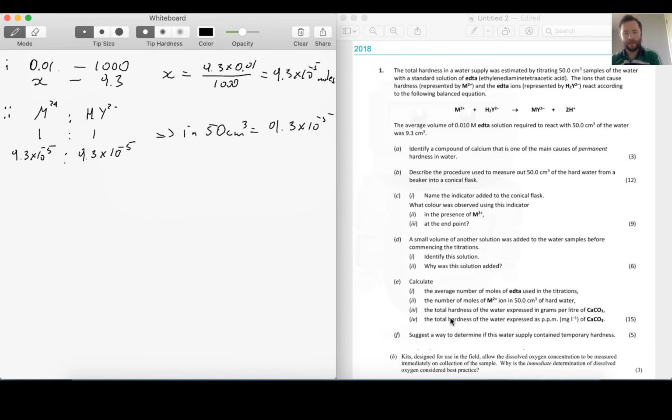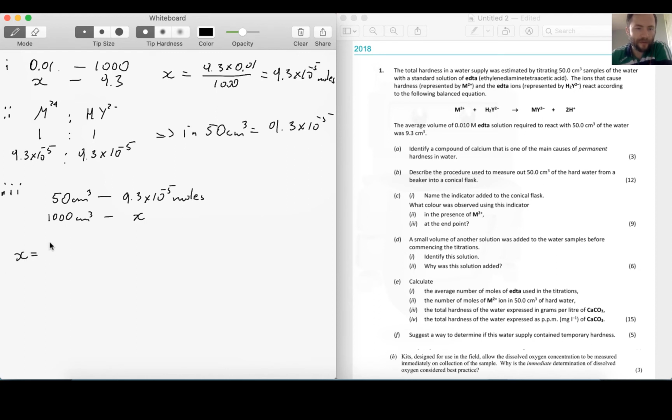So then I have to find the total hardness of water expressed in grams per liter. Now to express this in grams per liter, first I need to find the number of grams of calcium carbonate in a liter of water. Now what I know is that in 50 cubic centimeters I have 9.3 times 10 to minus 5 moles. So in 1000 cubic centimeters I'm going to have some number of moles that's as of yet unknown, but I can find that X simply by using my proportion.